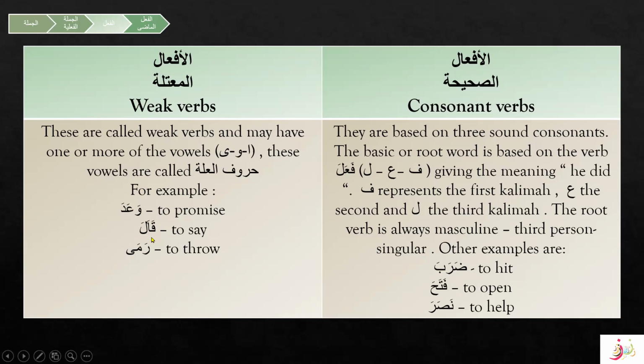In qala, you can see the middle letter is the alif, which is also a harf illa. Qala means to say. In rama, the last root letter, the lam kalima, is ya, and that is a harf illa. Rama means to throw. Again, this is family one because it doesn't have any extra letter.